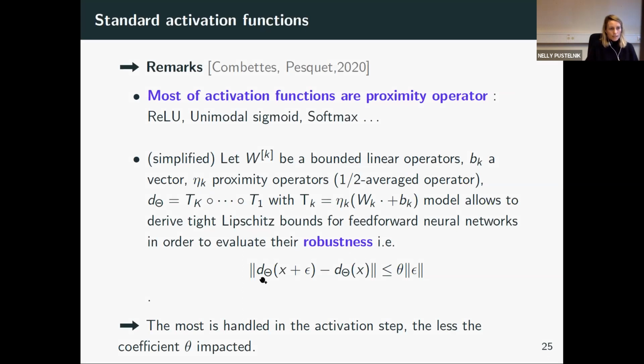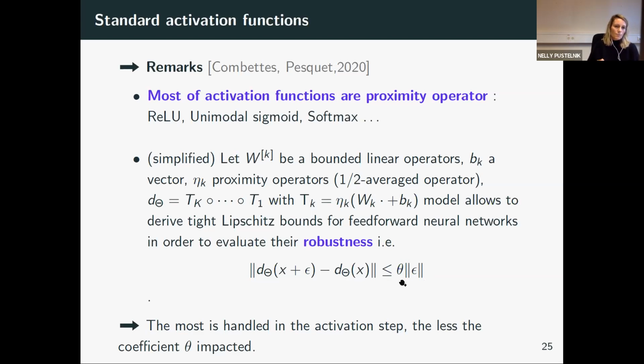And especially, you have this relation: the norm of d_theta(x + epsilon) minus d_theta(x) is lower or equal to theta times the norm of epsilon, where theta, most of the time, is related to the norm of the weight matrices. They derived a tight bound.